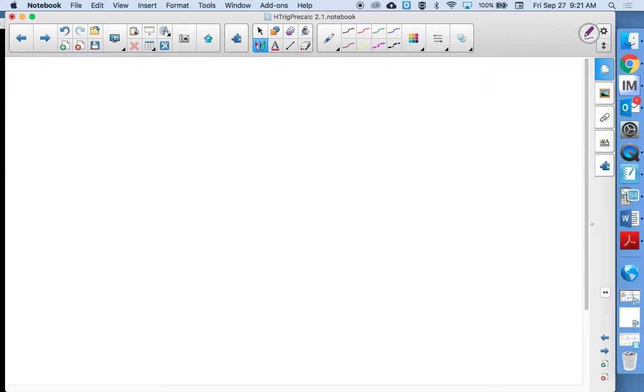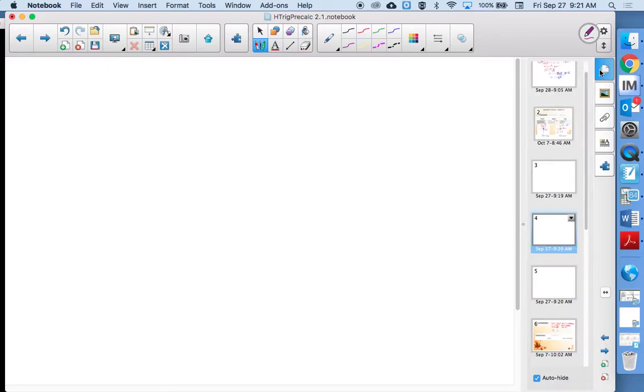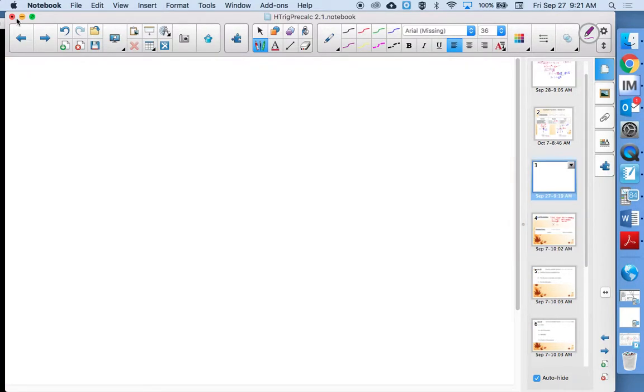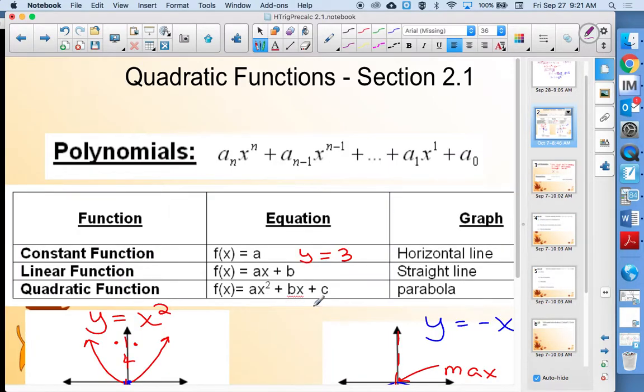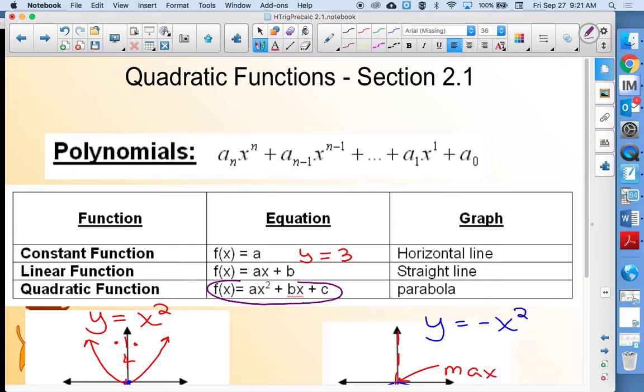Going back to your little chart and looking at that equation, ax squared plus bx plus c. That equation helps us find the axis of symmetry. Does anybody remember how you find that?